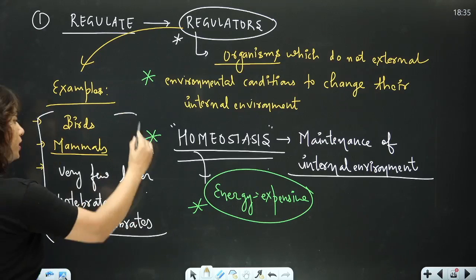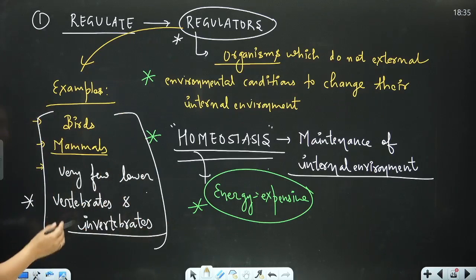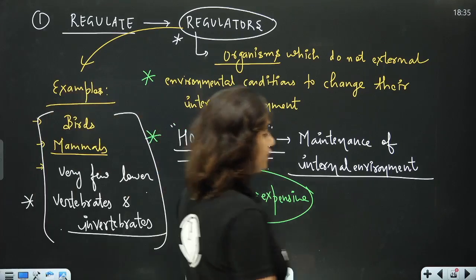Examples are important. Remember, birds, mammals, and very few lower vertebrates and invertebrates are the examples of regulators.